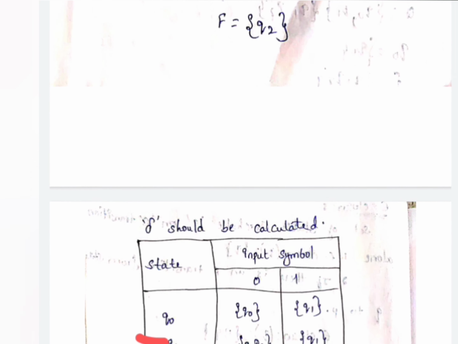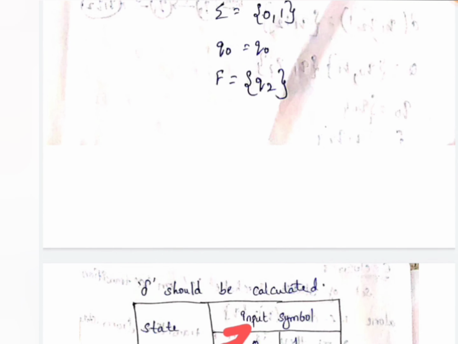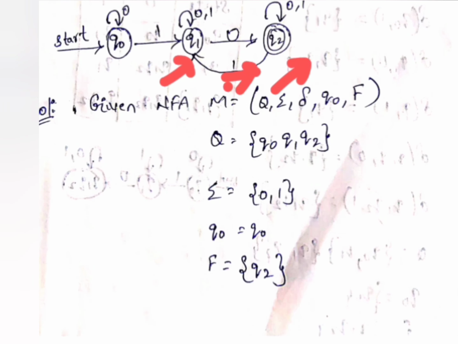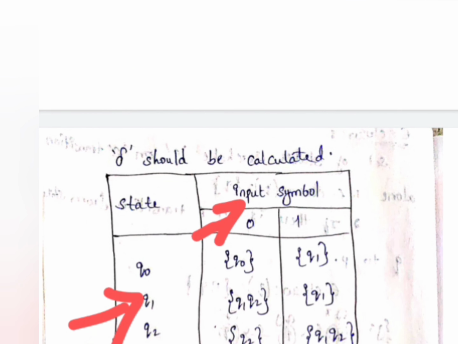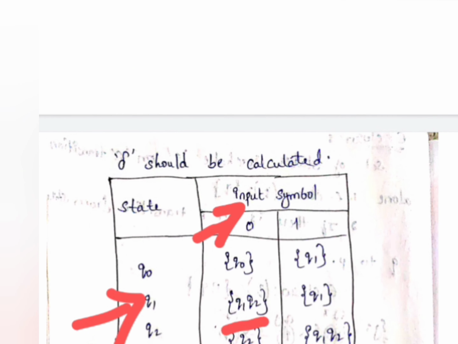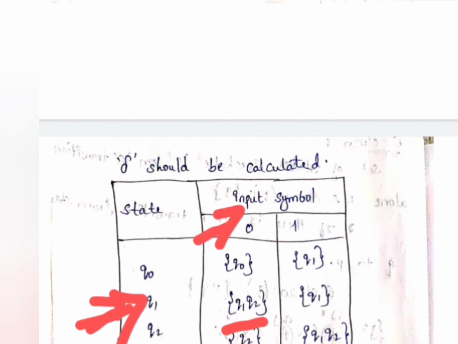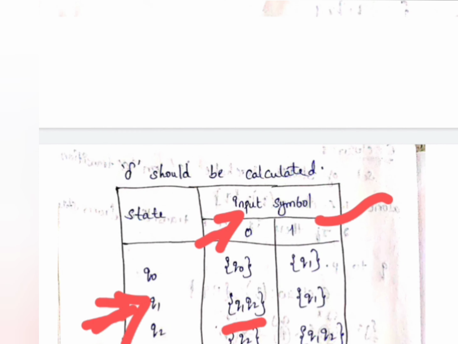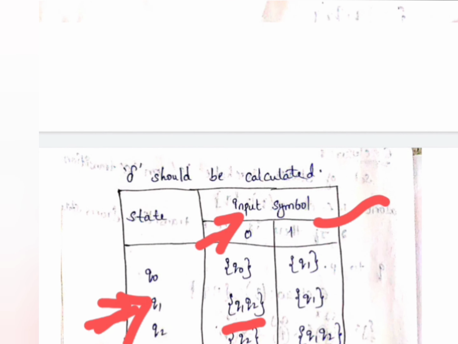With the state Q1 and input symbol 0, it moves towards Q1 and Q2, so you need to write Q1, Q2. Next, Q1 with input symbol 1 moves towards Q1, that means a self loop.